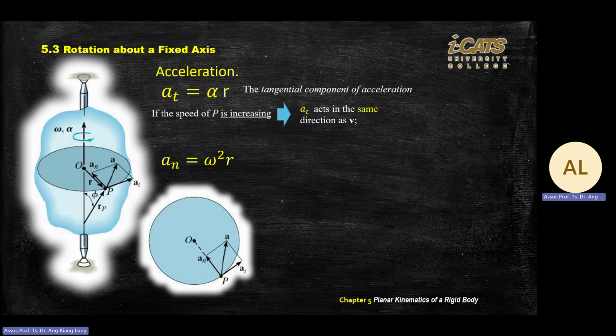So this is just what I mentioned just now. If the speed or velocity of P is increasing in the tangent direction, then your acceleration in tangent is also the same. However, if your speed is decreasing, your v drops, your a_t will act opposite direction of v.